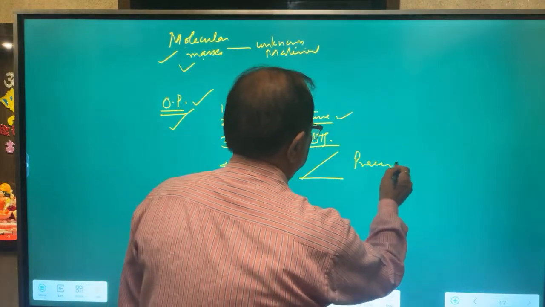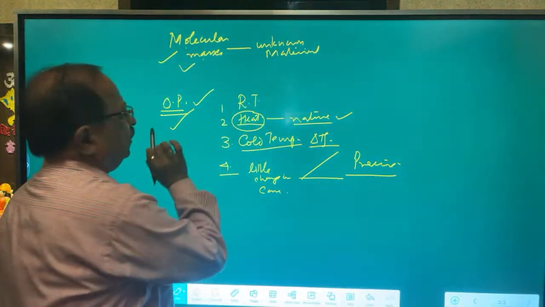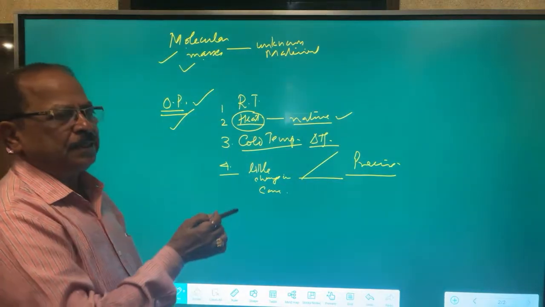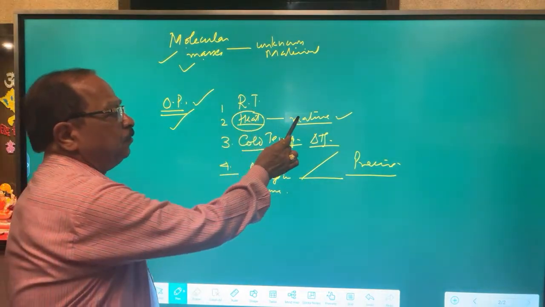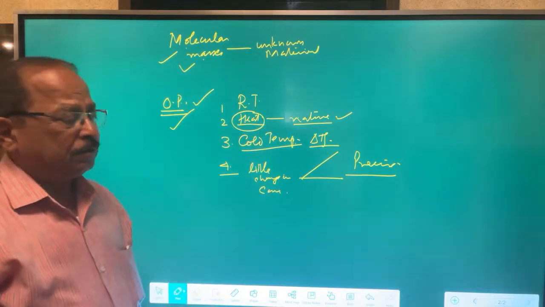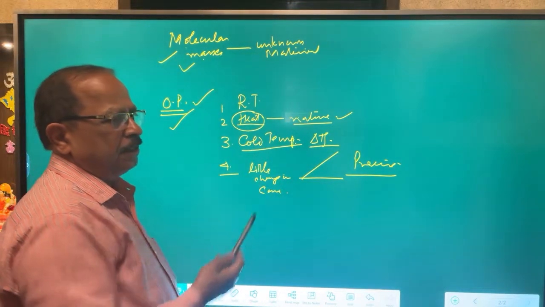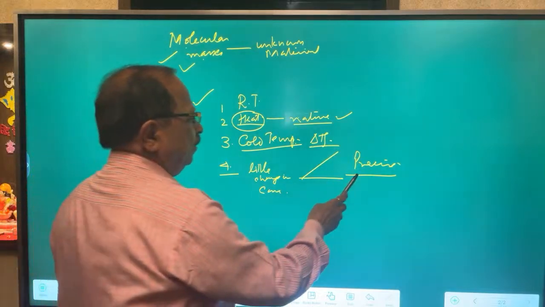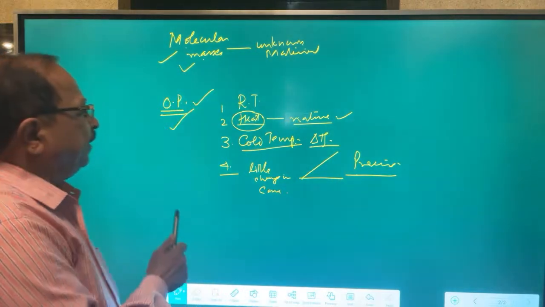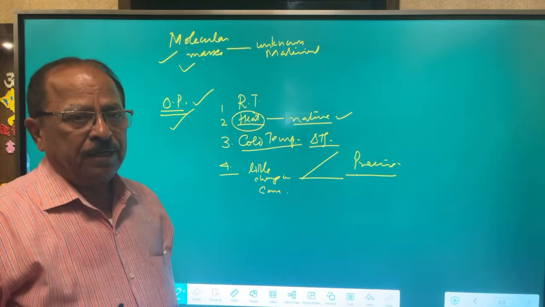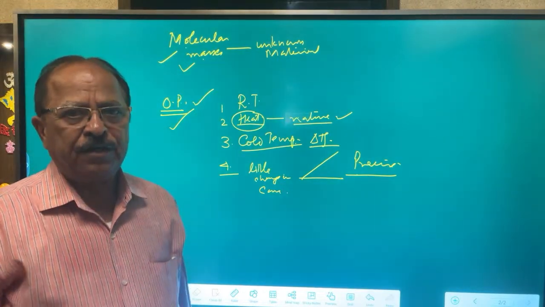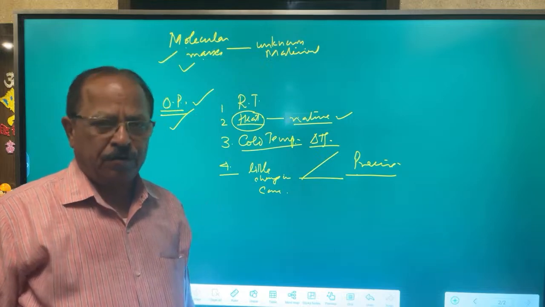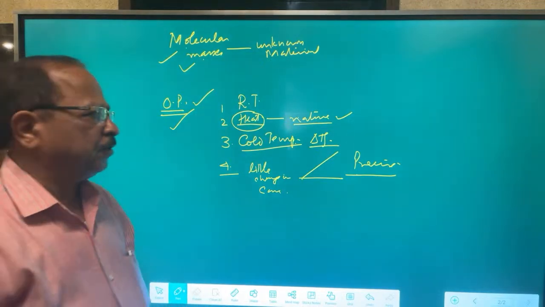So osmotic pressure is measured at room temperature, there is no need for raising or cooling the temperature of the solution, the nature of the material will not be changed, and this method, being precise, is definitely preferred for determination of molecular mass.